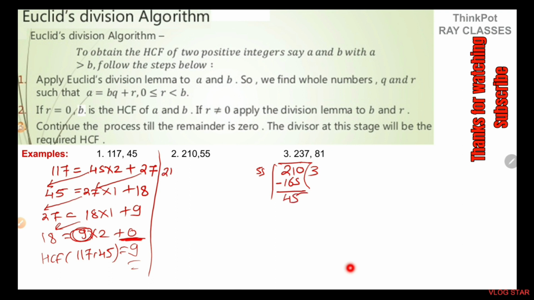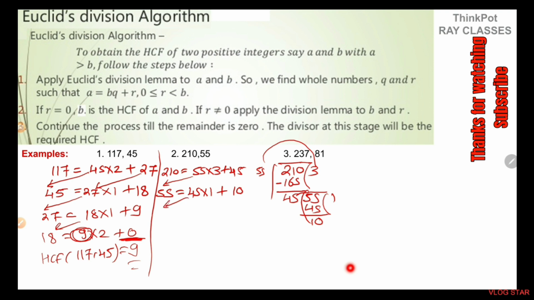So we can say 210 is equal to 55 into 3 plus 45. Then 55 will come here and you can divide by 45. You will get one time, that is 45. The remainder is 10. So we can say 55 equals 45 into 1 plus 10.